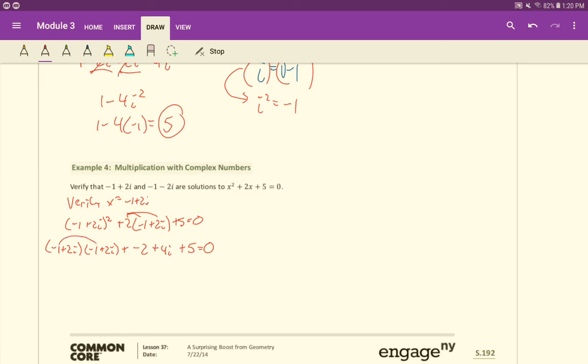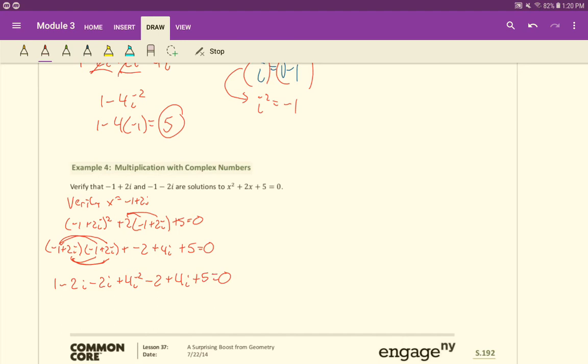And then we'll distribute: -1 times -1, -1 times 2i, 2i times -1, 2i times 2i. So 1, minus 2i, because it's -1 times 2i there. And then 2i times -1, which is -2i, and then 2i times 2i, which is 4i squared. Then minus 2, then plus 4i, then plus 5 equals 0.